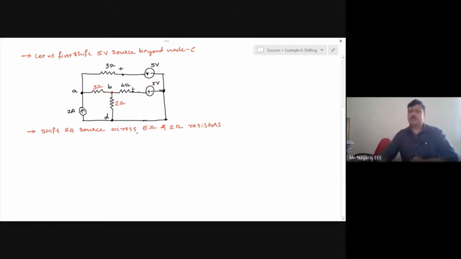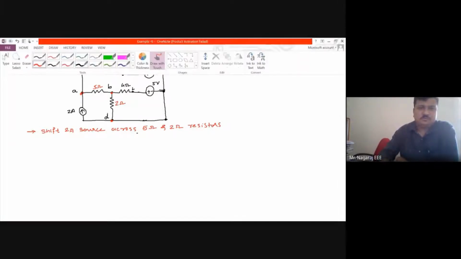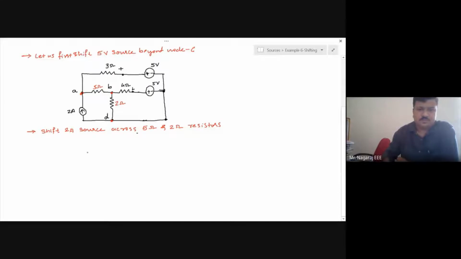I am shifting across the 5 ohm and 2 ohm because the 5 ohm branch and 2 ohm branch are connected to the nodes where this current source is connected. That is the reason. I will keep the other things as they are.